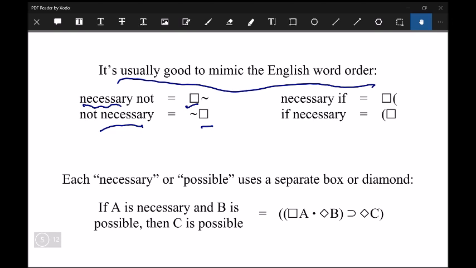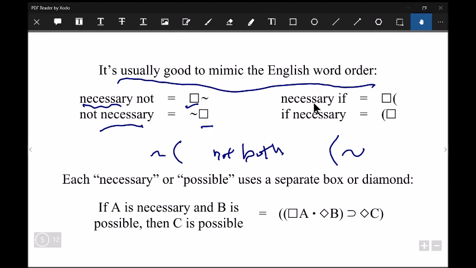If you say not both, the both is the parentheses, and the not is the squiggle. Whereas if you say both not, then it's like that. So the box is the necessary, the not is the squiggle. And follow the English word order.